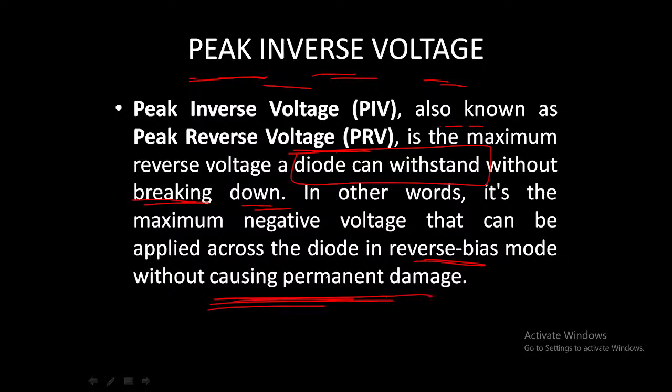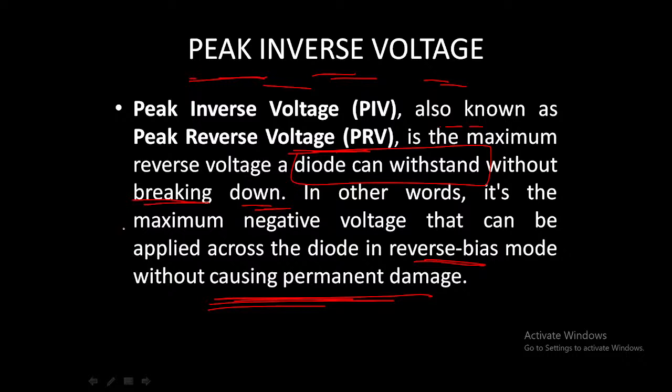What happens if the reverse voltage is increased beyond a certain point? Then a huge amount of reverse current will flow through the diode, which we have already seen in the VI characteristics of the reverse bias diode.